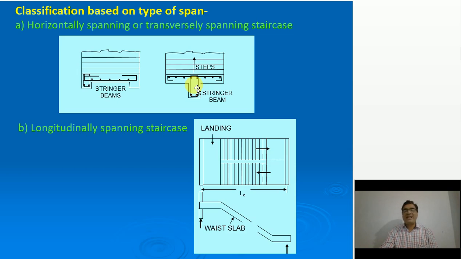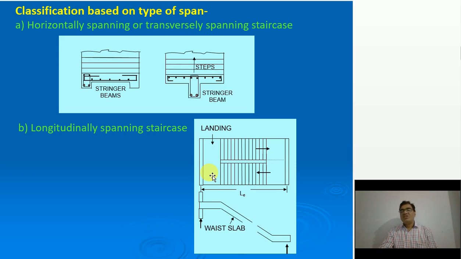In that, the span is measured horizontally. The second one is longitudinally spanning. Now in that the beams are provided parallel to the steps or parallel to the risers. See, this is the diagram in which the first beam is provided. If I consider from this side, this is the first beam provided here, and the second beam is provided at the end of the landing.